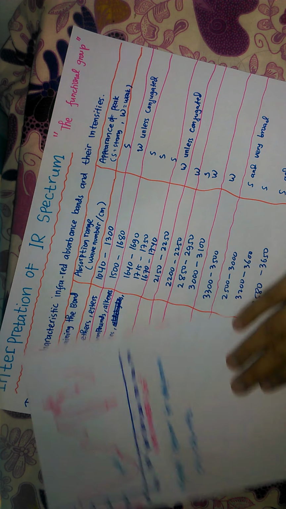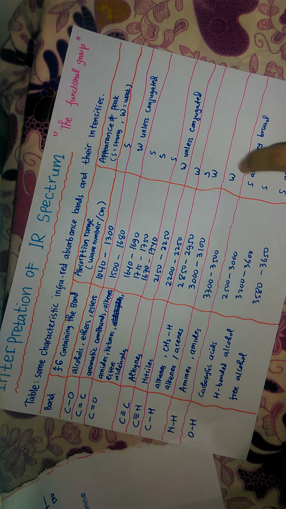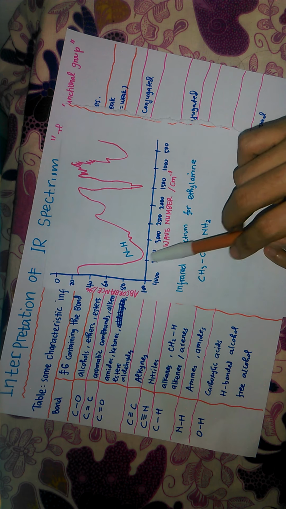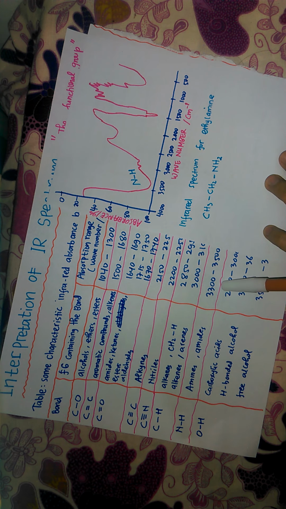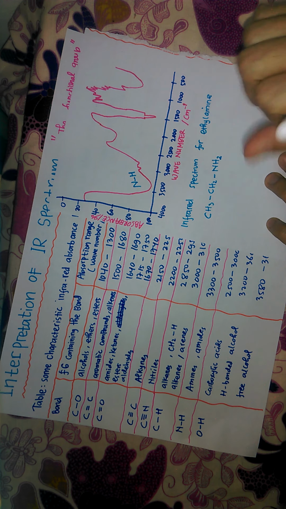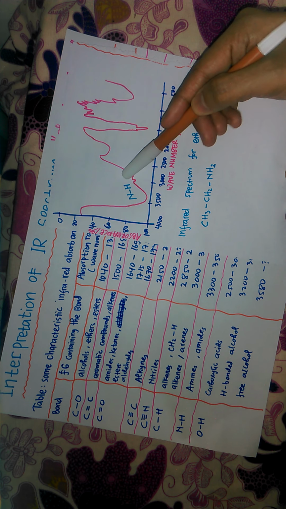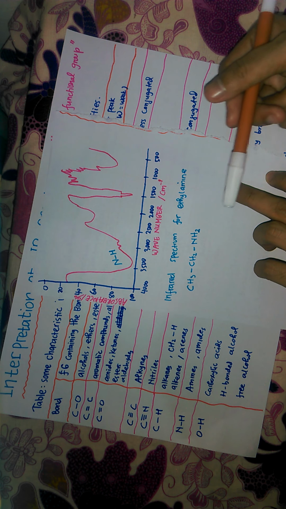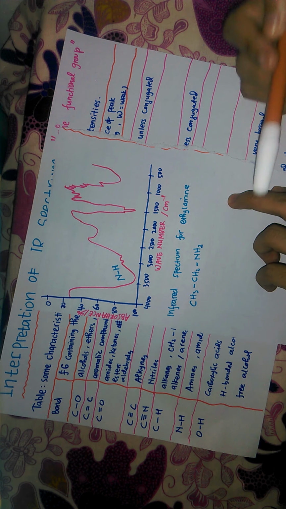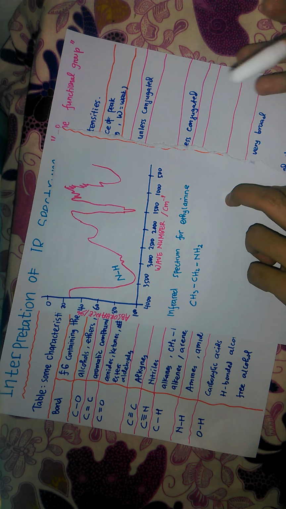Is there any band where the appearance of the peak is weak? Weak means broad. So in the range of 3300 until 3500, there is a broad band here. We call it NH, or amine. So we can say that there is the presence of the amine functional group in the spectrum, and that this spectrum belongs to ethylamine.